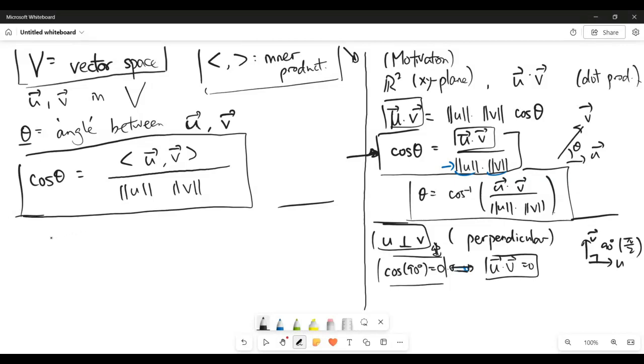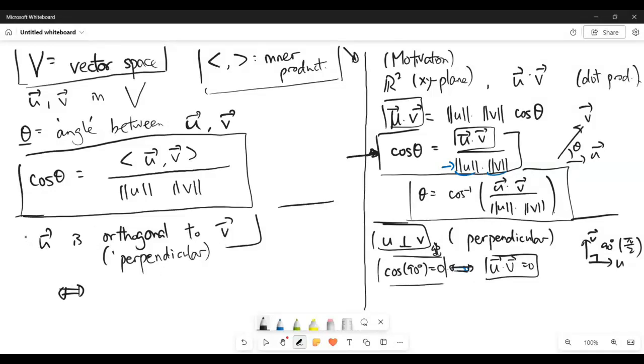In the mathematical case, the word perpendicular is usually replaced by the word orthogonal. So we call u orthogonal to v. To put it simply, you can think of it in terms of the word perpendicular, but we always use the word orthogonal in the abstract case. If and only if the same thing happens: instead of the dot product, we look at the corresponding inner product, and it should be zero.